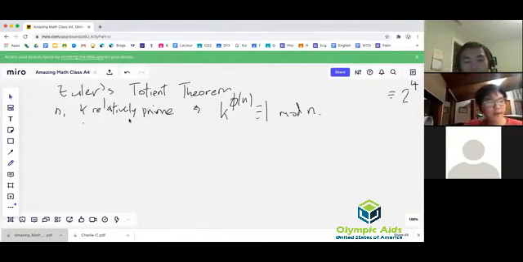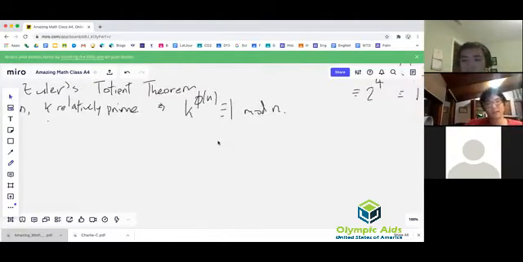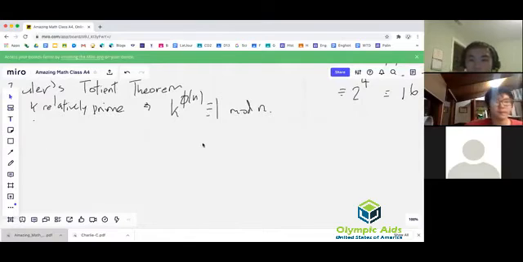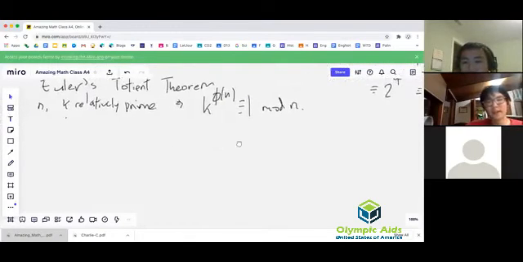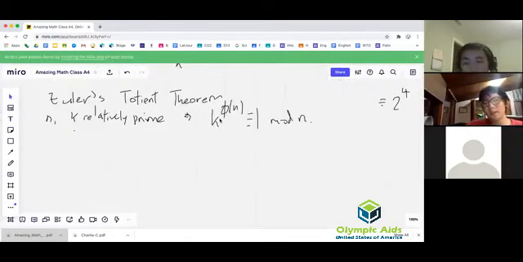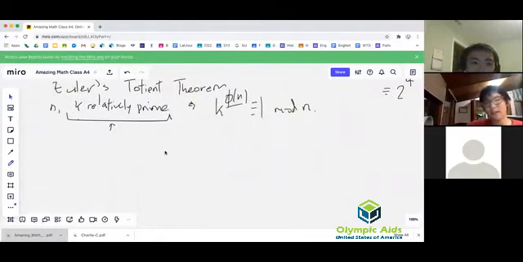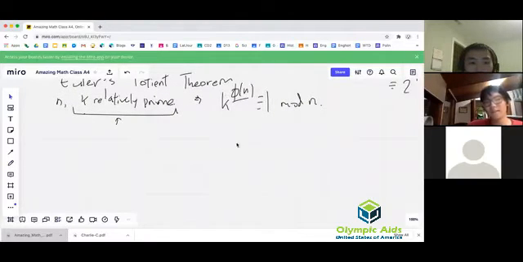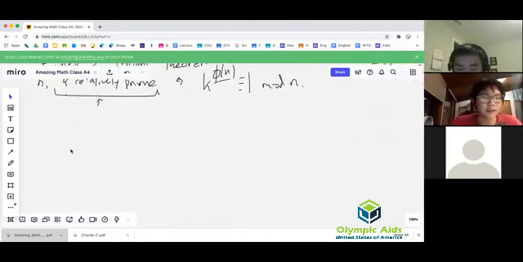This is a very useful theorem, especially when you're dealing with k to the e mod n cases like we did before, because then you can basically always take your exponent mod the totient. But you need to be very careful about the relatively prime clause, obviously. A lot of times when you see something mod something, you really want to think of this.